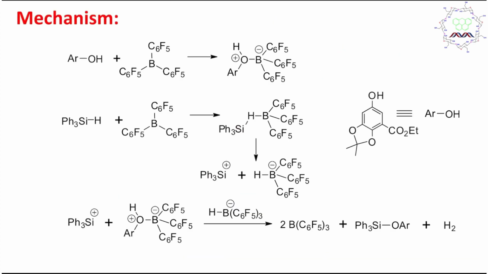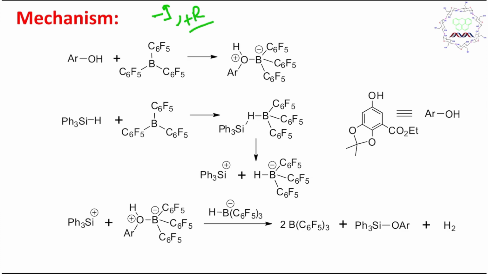Now let's start the mechanism. If you look at this molecule, tris(pentafluorophenyl)borane, this molecule, student, is very electron deficient. Why? Because there is no hydrogen in the aromatic ring, all are fluorine attached, and we know that fluorine has two types of effect: minus I effect and plus R effect.